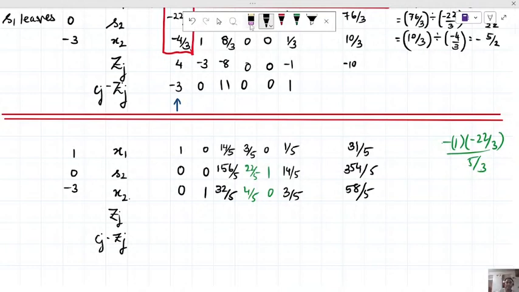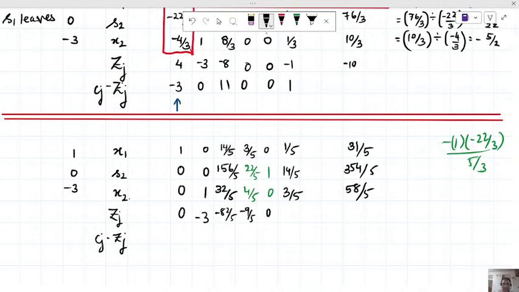Now calculating zj will give you here 0, here it is minus of 3, here you will get the answer for zj as minus of 82/5. Then here you will get the answer as minus of 12 and 3, so minus of 9 by 5 you will get.